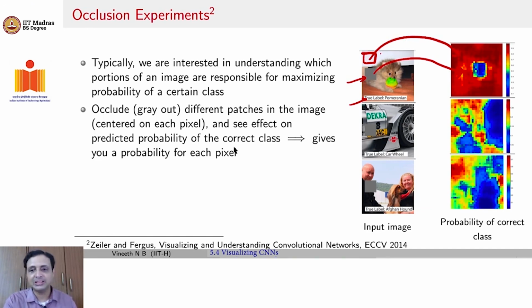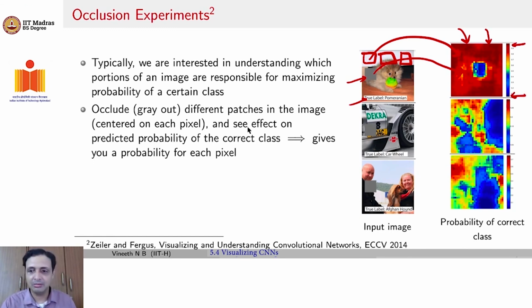By moving your gray patch across the image, you will have an entire heat map of probabilities of whether a pixel, or a patch around a pixel, reduces the probability of a Pomeranian or keeps it the same. In this heat map, red is the highest value and blue is a lower value.